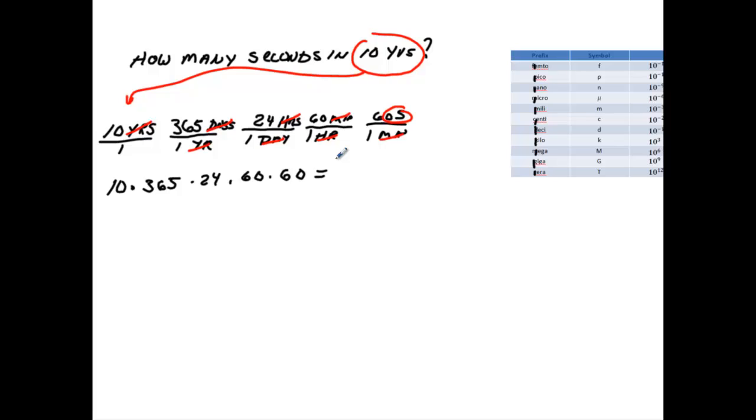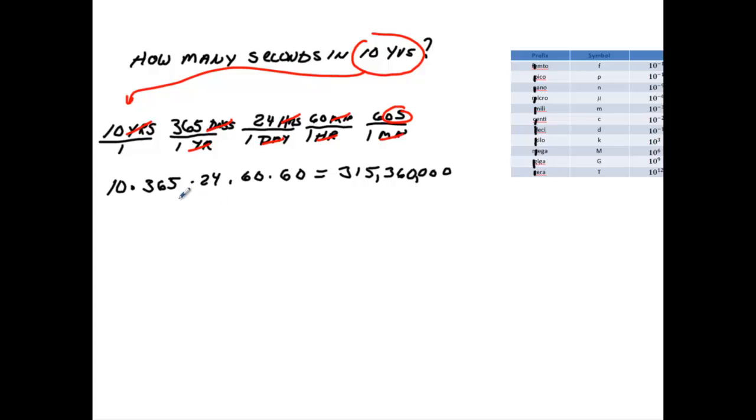My calculator will run that, and you should get a value of approximately 31536, and then 4 zeros. 1, 2, 3, 4. So there's 315,360,000 seconds in 10 years.